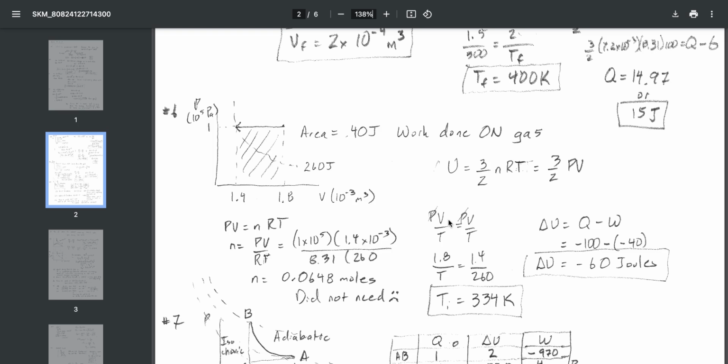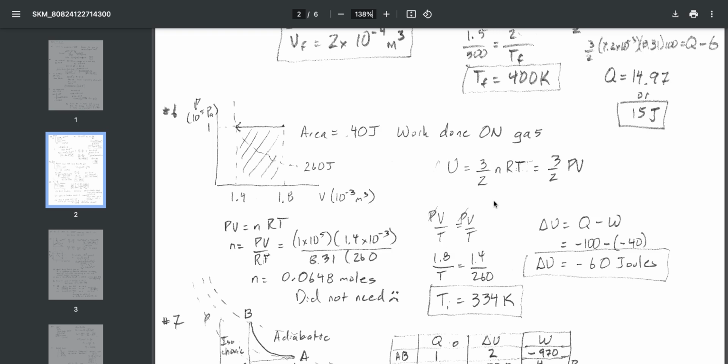My pressures are the same, I know my volumes, and I can find my temperatures. Did I have to do that? It says the final volume of the gas. Oh, yeah, I didn't need the number of moles. So I could just do PV over T is equal to PV over T like I did before.